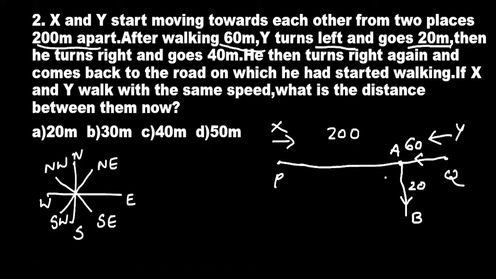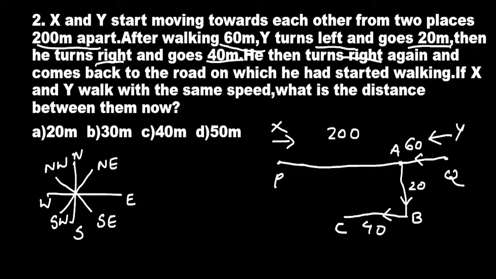Then he turns right and goes 40 meter up to C. He then turns right again and comes back to the road on which he had started walking.